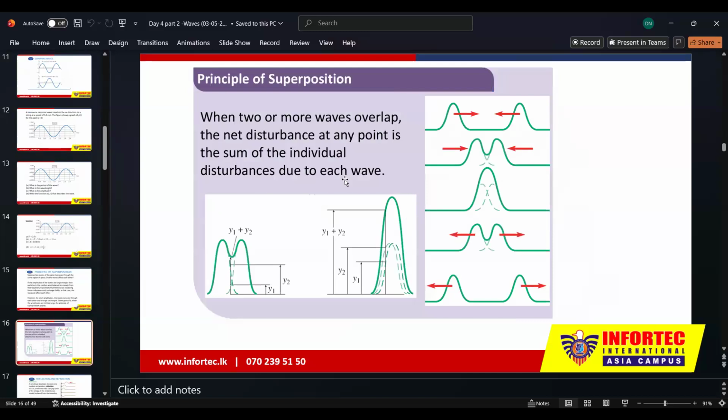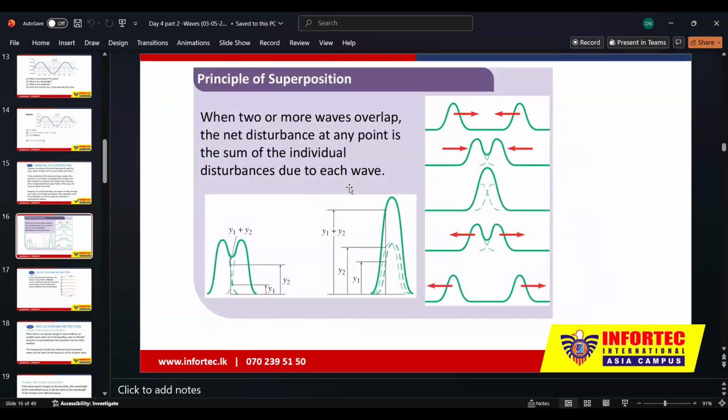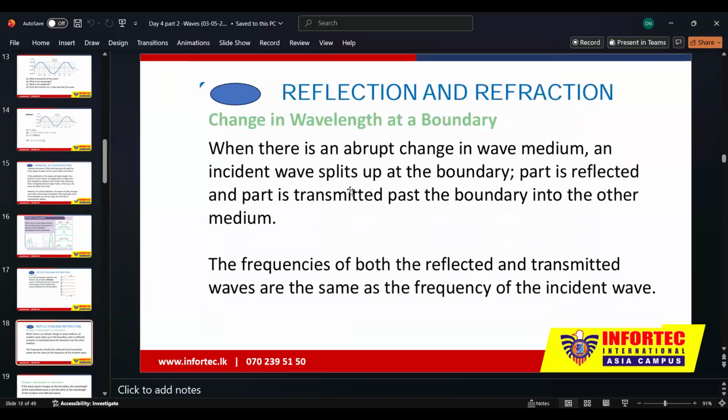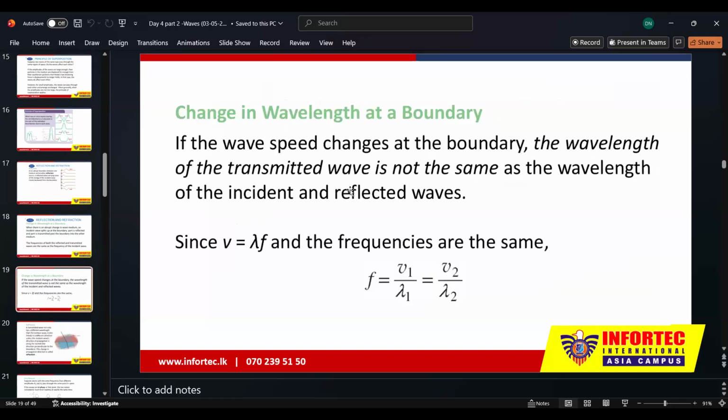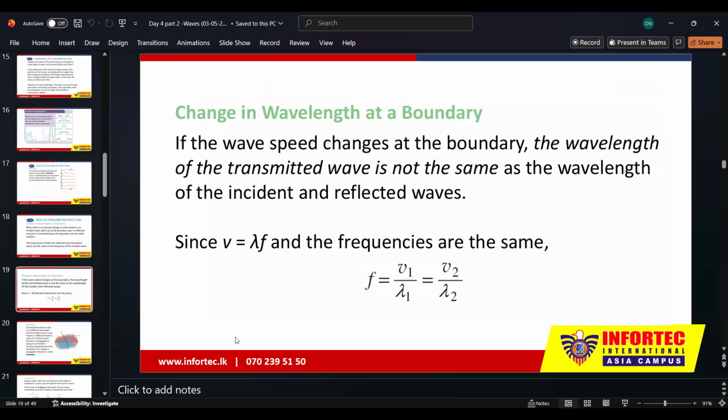Then the principle of superposition, where we find the minimum and maximum value in the overlapping, and the reflection of waves, I think you remember. The other one is if the wave speed changes at the boundary. The wavelength of the transmitted wave is not the same as the wavelength of the incident wave, but the frequency is the same.